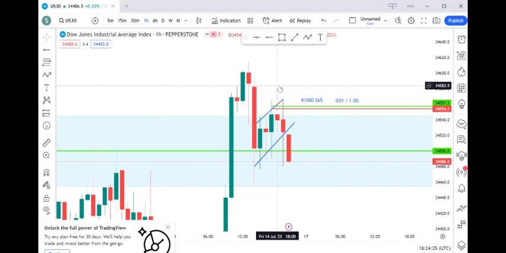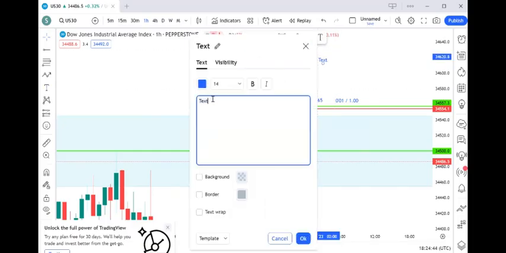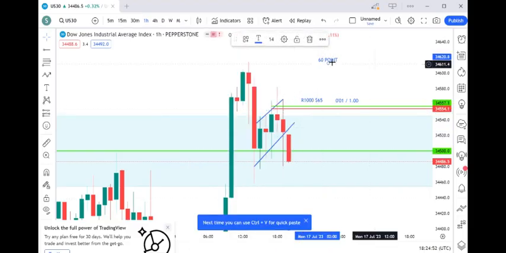That's 20 points, correct? Entry 34560, liquidity spike 34583. So very roughly 20 points negative, 20 points drawdown. They need to spike 60 points in the opposite direction to blow our account.